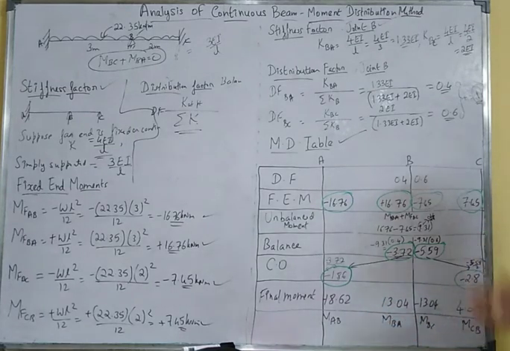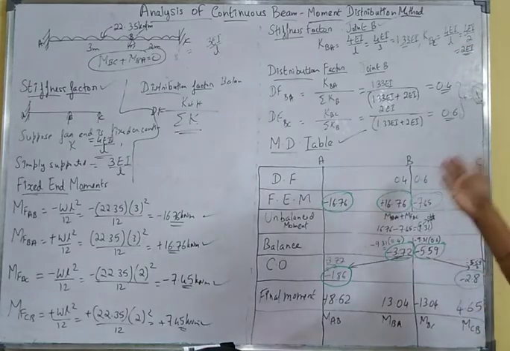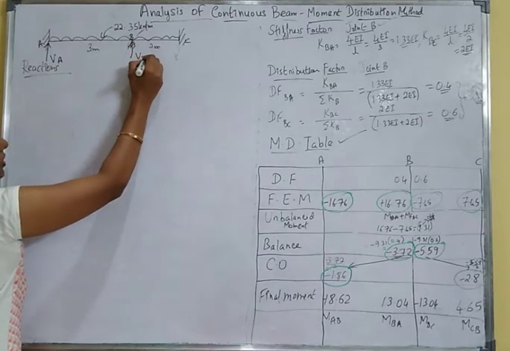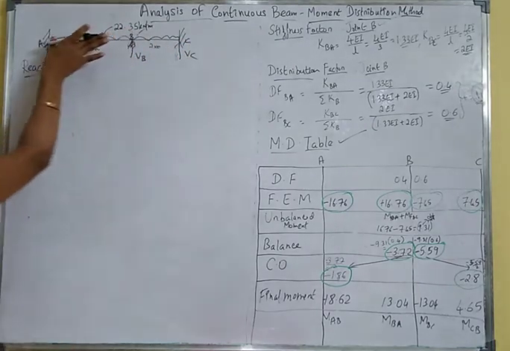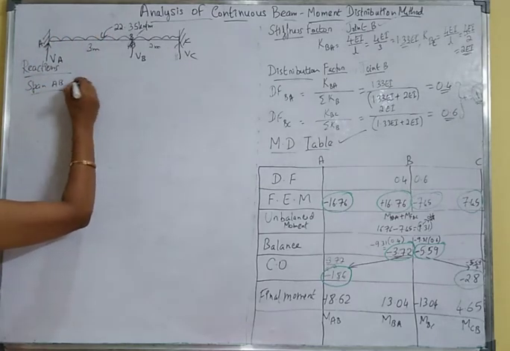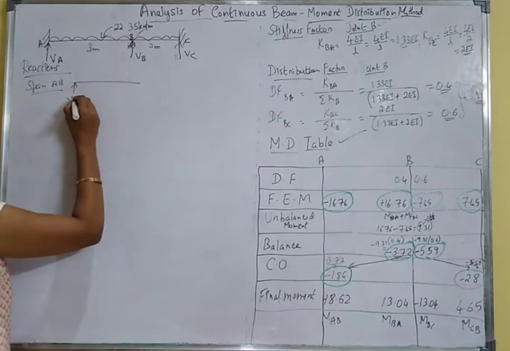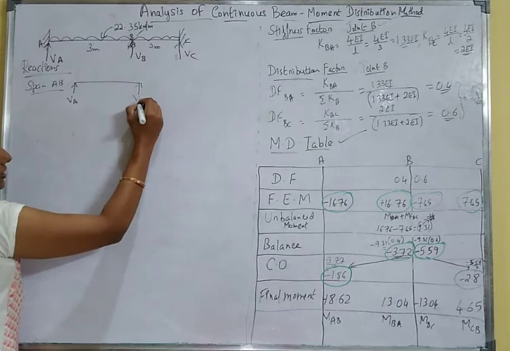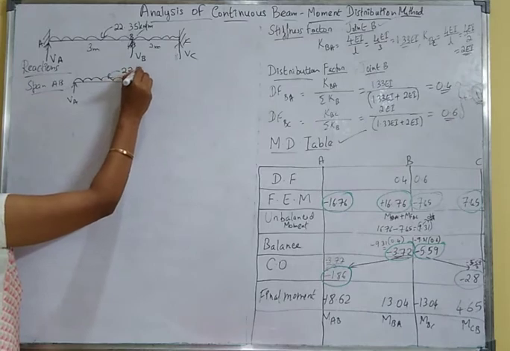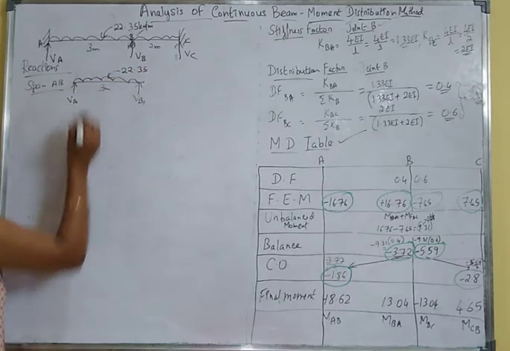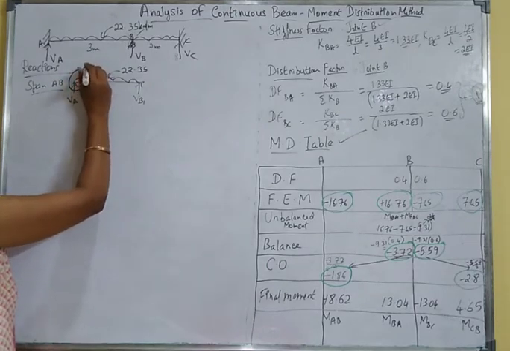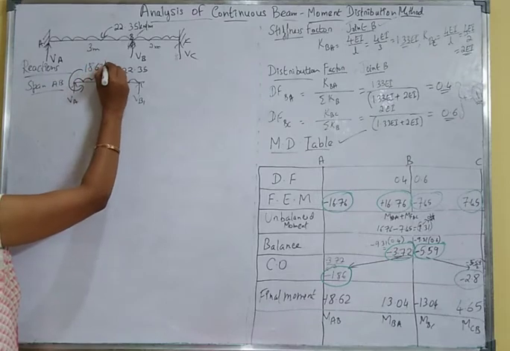Once you get this final moment, next you draw the BMD and SFD for this problem. Okay, first here it is BA, BB and BC. So consider first the span AB, you have BA, and consider it as BB1, and the load is 22.35, span is 3 meter, and you have moment MAB, which is anti-clockwise, so minus 18.62.